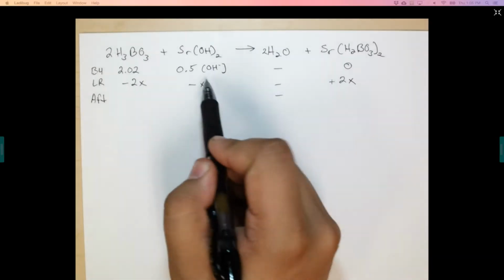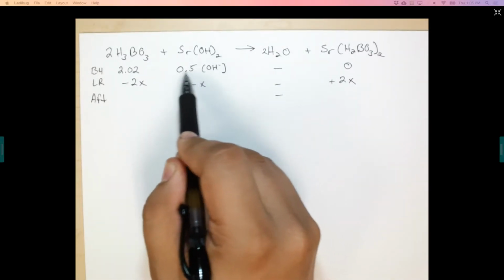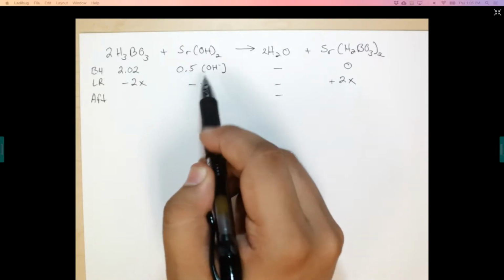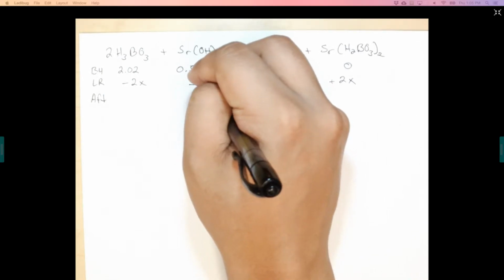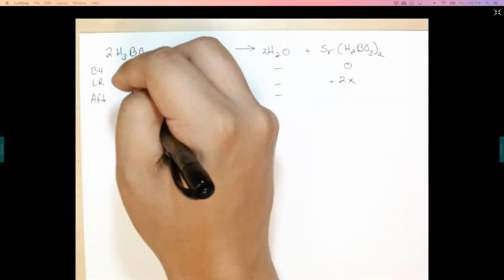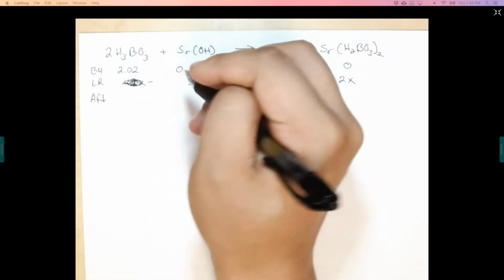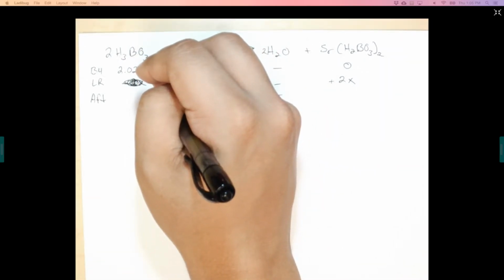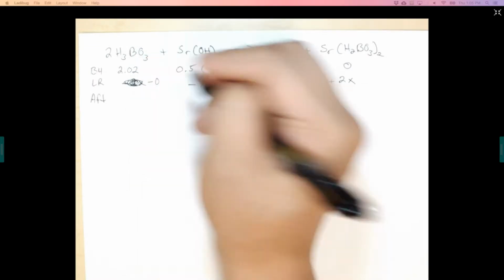The hydroxide here we've already taken into consideration with the 0.5, right? And since this is the limiting reagent, this is minus 0.5.